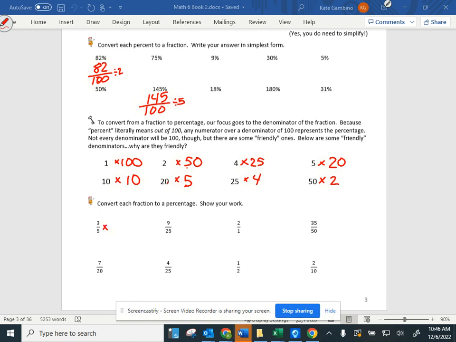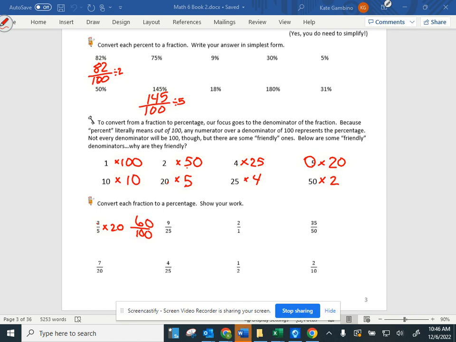So if it's 3/5, what do I need to multiply by to get to 100? Aiden? 25. No. So if I'm going to look here at my 5, what do I multiply by? 20. So I know 5 times 20 is 100. 3 times 20 is 60.